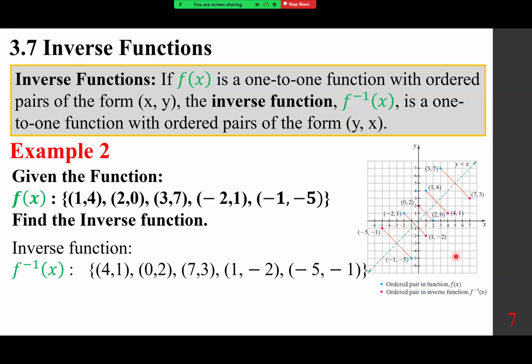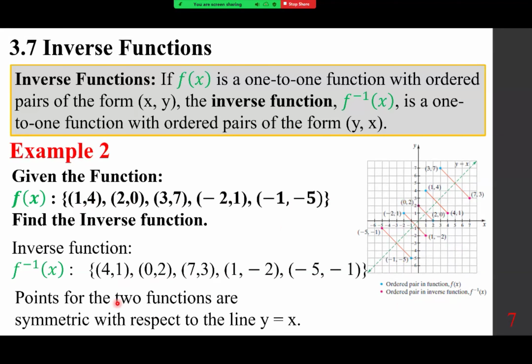The blue ones represent ordered pairs for f of x, where the red ones represent the ordered pairs in the inverse function. Points for the two functions are symmetric with respect to the line y equals x. We can see from the graph that they are symmetric with respect to the line y equals x.